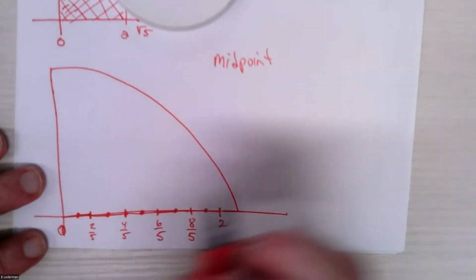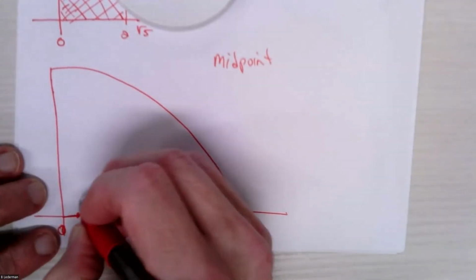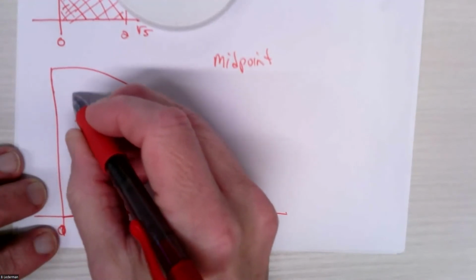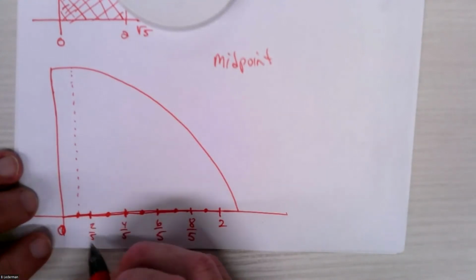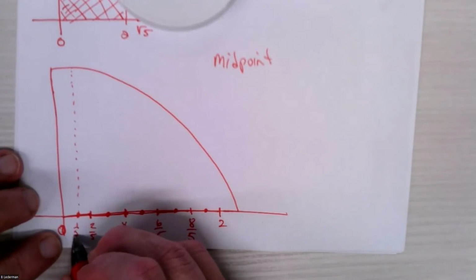Now I'm going to draw a dotted line from the midpoint until it touches the curve. So this point is going to touch the curve. What is the x value of this midpoint? Well, if this is 0 and that's 2/5, this is 1/5.